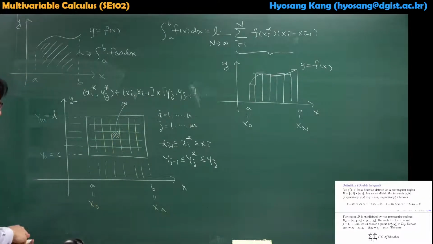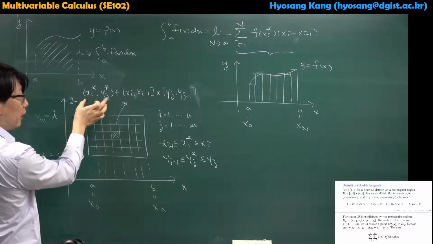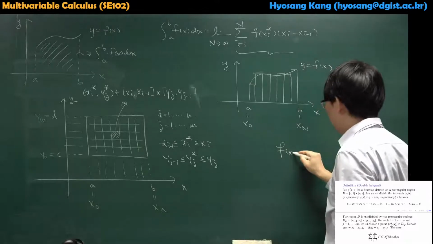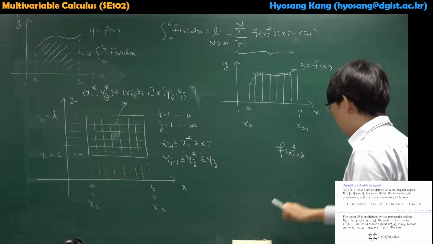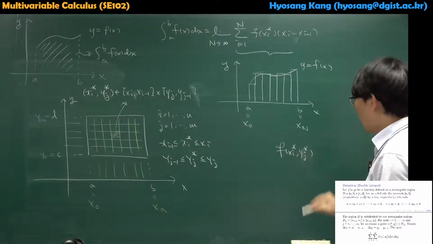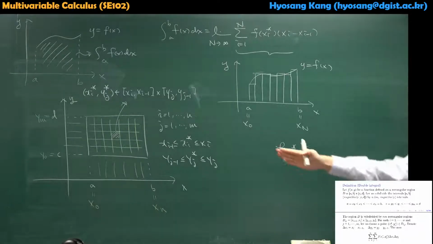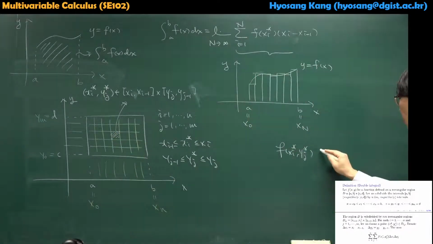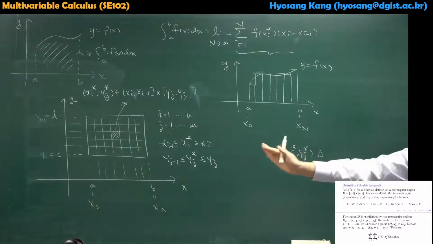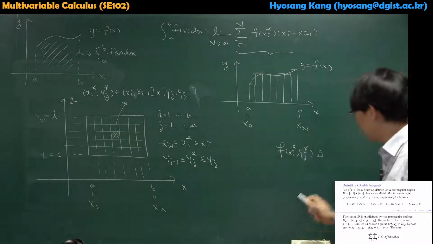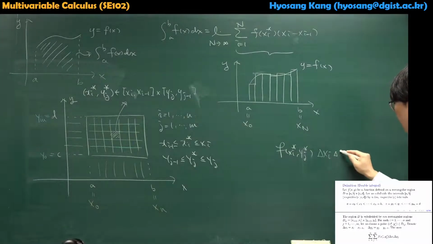And then what we do is take the function value at this point. So take f of xi star, yj star, and then multiply that with the area of this subregion. I'm going to write the width of this subregion as delta xi and the height of this subregion as delta yj.